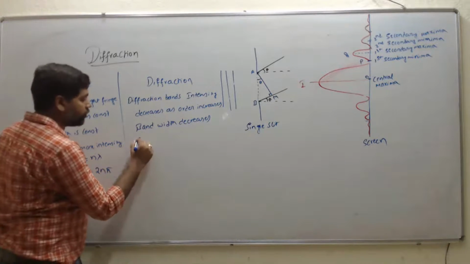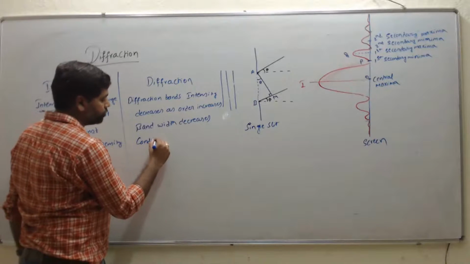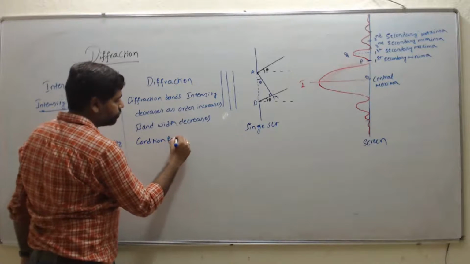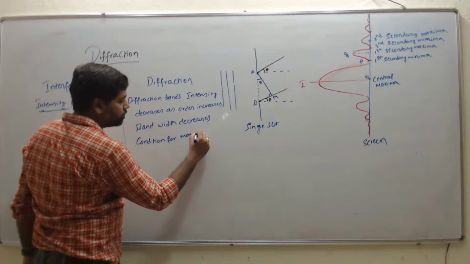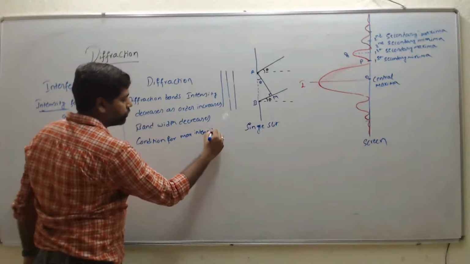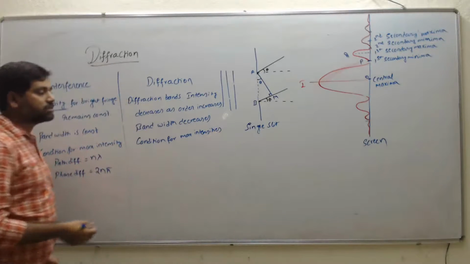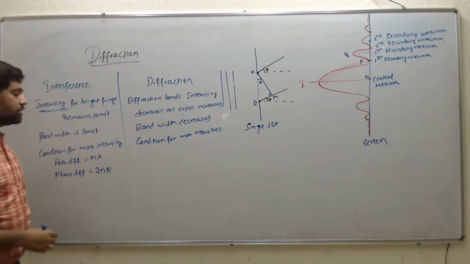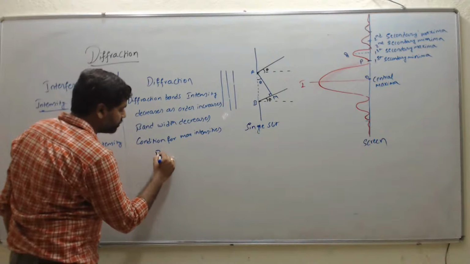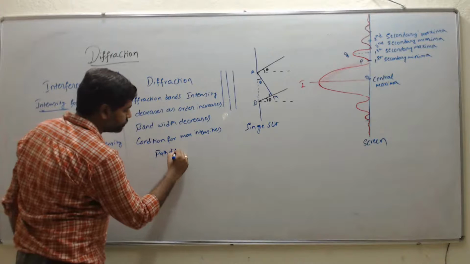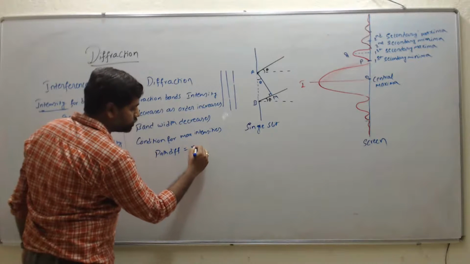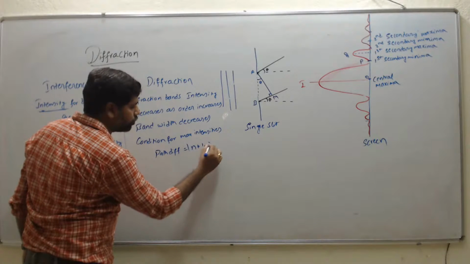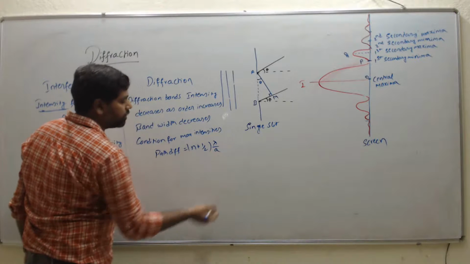Here, the condition for maximum intensities, that is the secondary maxima in diffraction: the path difference is equal to n plus 1 by 2 into lambda by a.